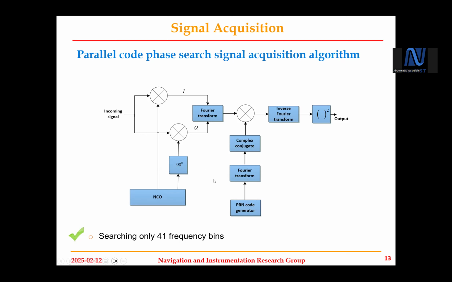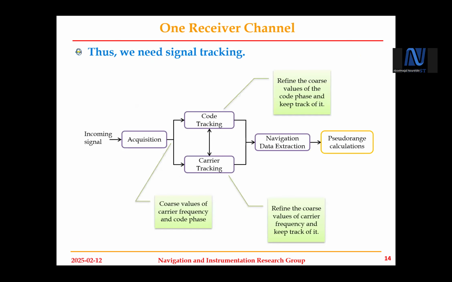So we have three modes or algorithms to apply signal acquisition, but all of them are intensive operations. That's why we need signal tracking. I mentioned this many times before: even if we think about a stationary receiver, my hidden parameters are changing, right?